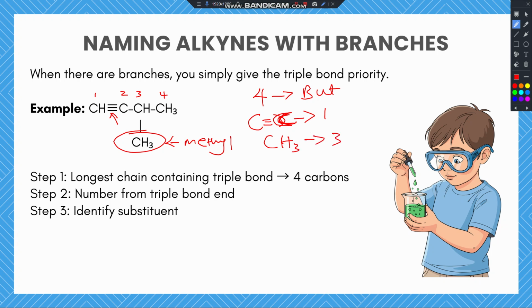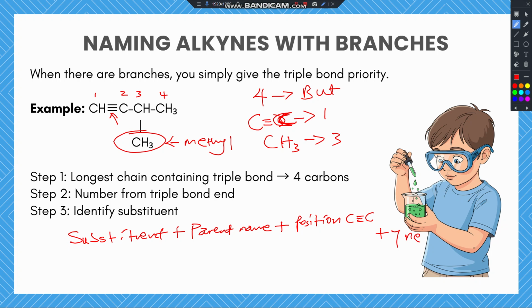So how do we name this? We name this by starting with the substituent, and then we add the parent's name, and then we add the position of the triple bond, and then we add the suffix -yne.